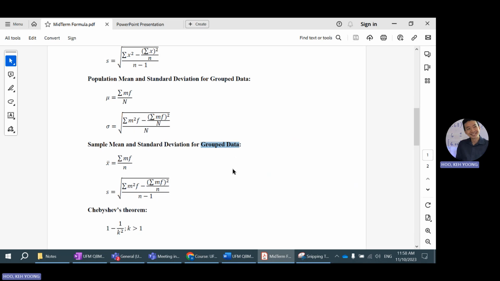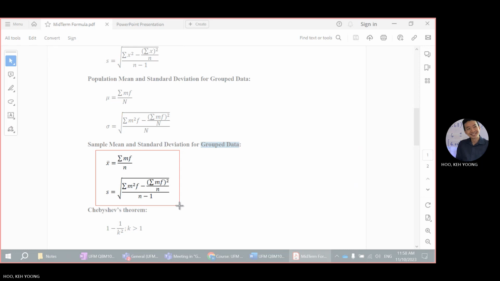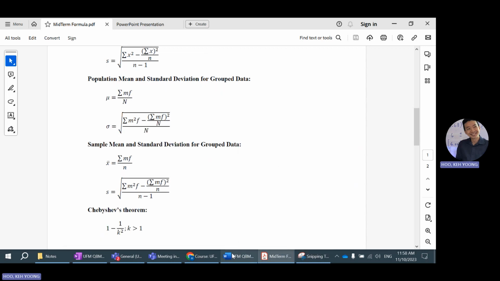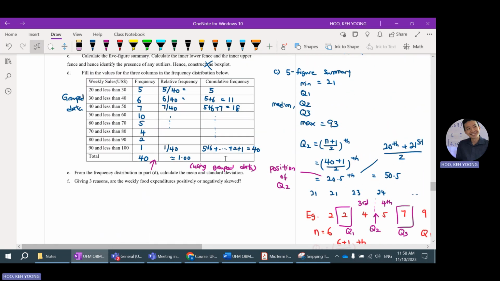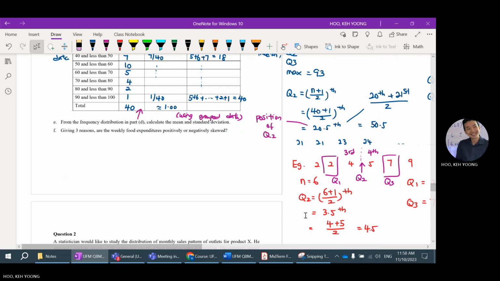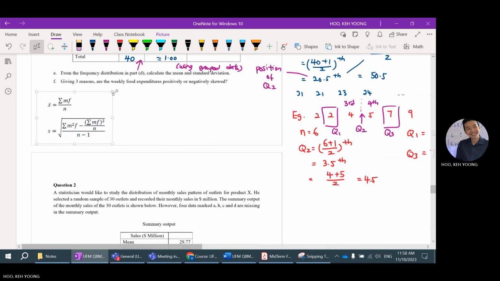Okay, so if you look at the formulas here, we will need to find M. Where is M? What does the M stand for? M is the midpoint of the class interval.